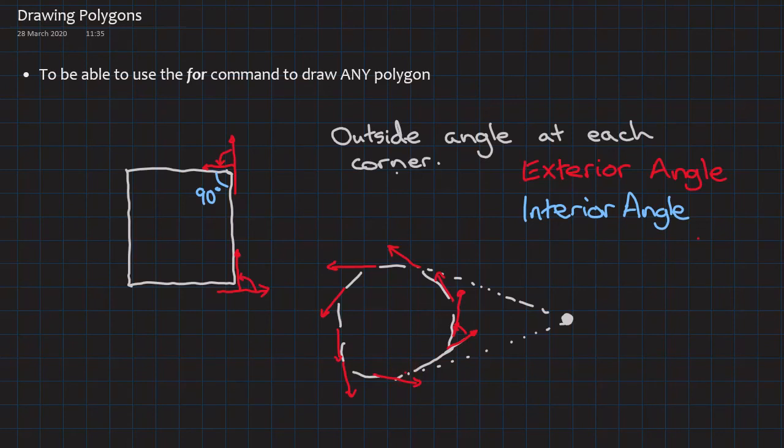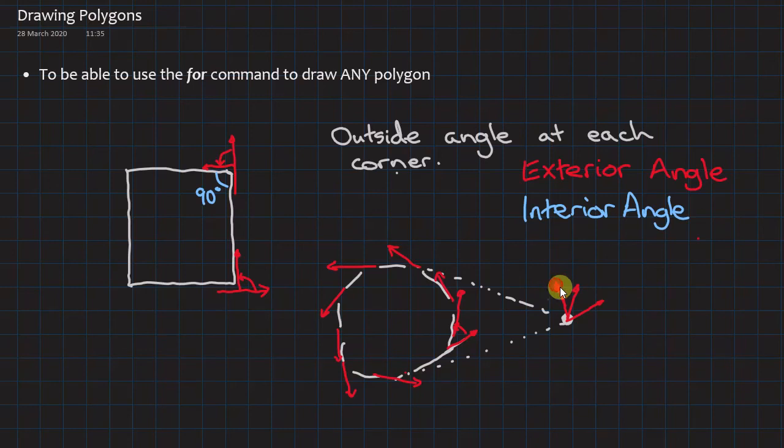As we go around the shape, all these turns keep changing. Now if we merge them all together on this zoomed out version, my question becomes, what angle have I turned through going round the shape?